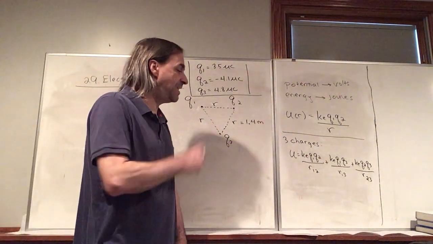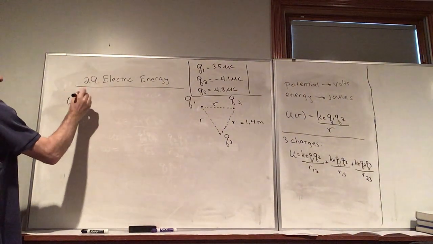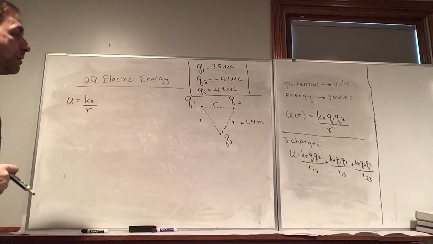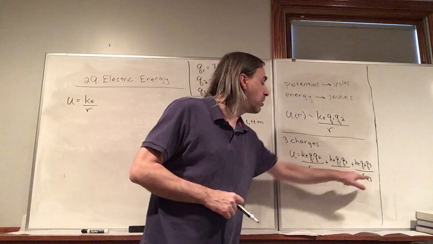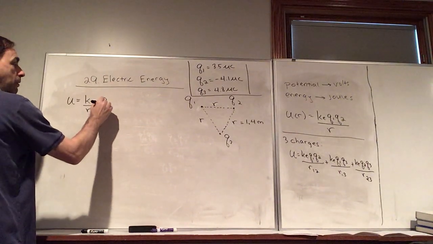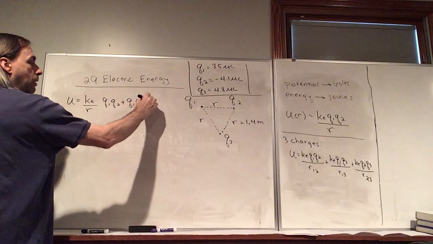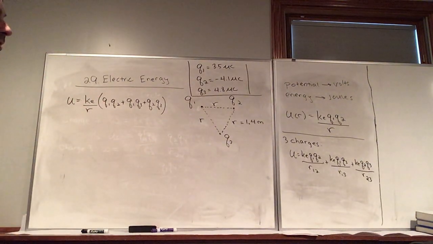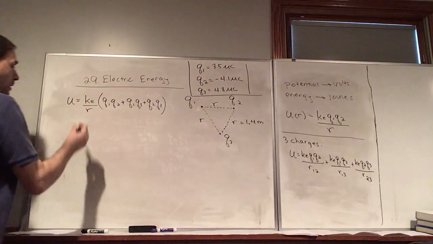Well, let's calculate this. Now, in this case, I made this a little bit easier, just to save room on writing mainly. If all these R's are the same, we can factor out a Ke over R, and then just look at these Q1, Q2, plus Q1, Q3, plus Q2, Q3. So let's do this.